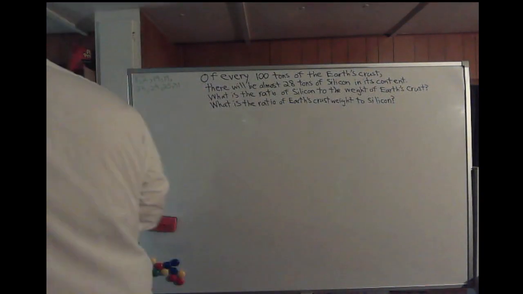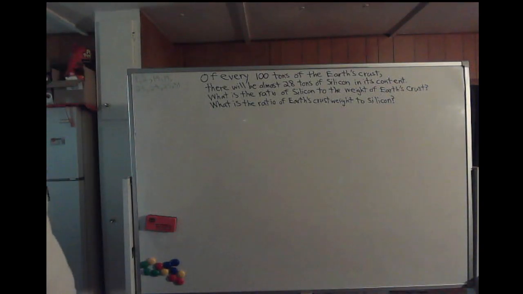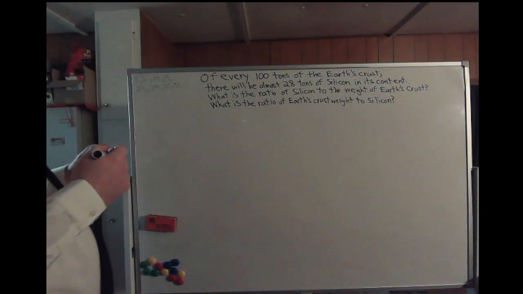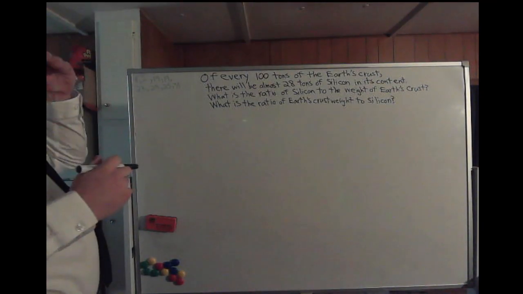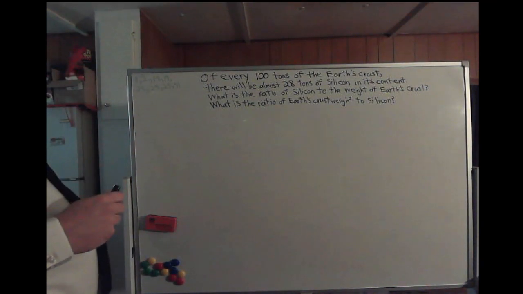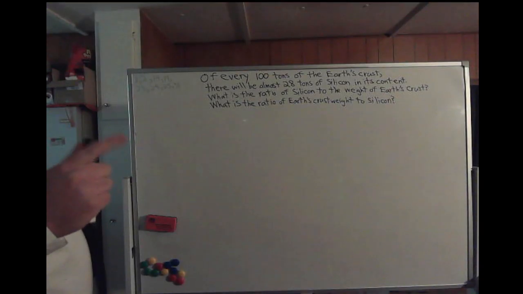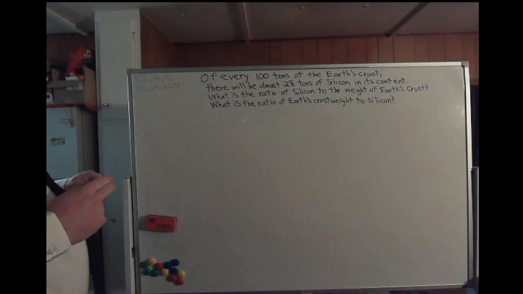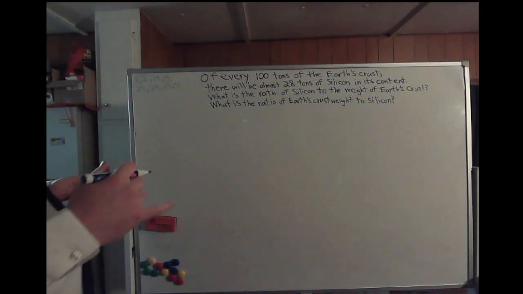All right. So a little science for you today. Of every 100 tons of Earth's crust, there will be almost 28 tons of silicon in its content. First they asked what was the ratio of silicon to the weight of Earth's crust.